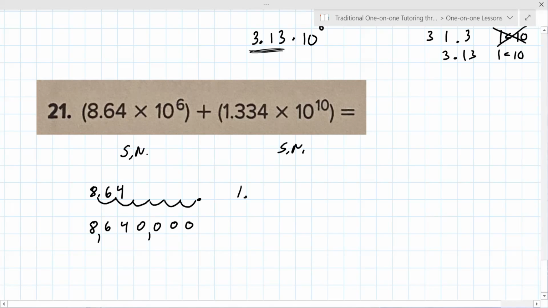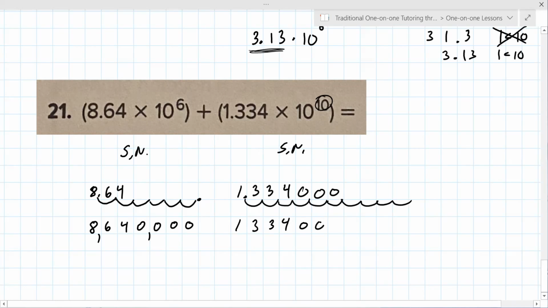So 1.334. Now we're moving it 10 times because of that 10 up there. So that's 1, 2, 3, 4, 5, 6, 7, 8, 9, 10. And then you backfill all these zeros in here. Actually, I'll just do it in the next line. And then the next thing is you move this number on the left.